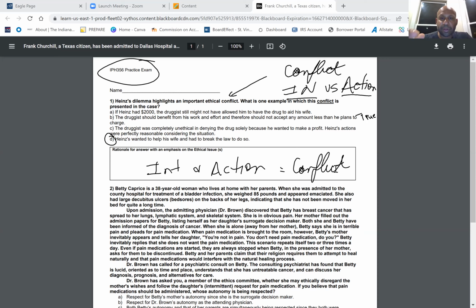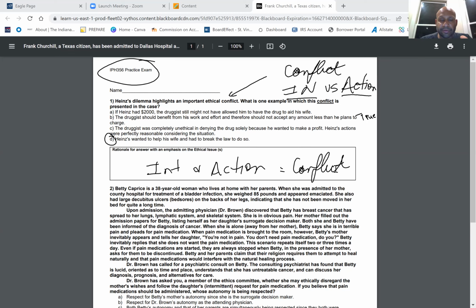Second question, I'm not going to read the whole thing, but it's a case of Betty, a 38-year-old woman. She is getting treated for a variety of different ailments. But the issue here is really about autonomy and consent, and a challenge with her mother.